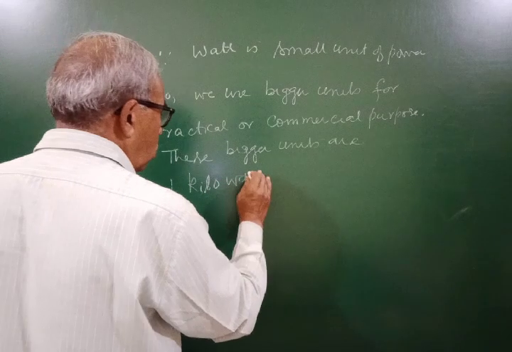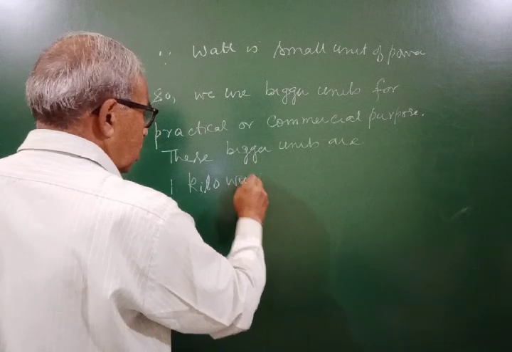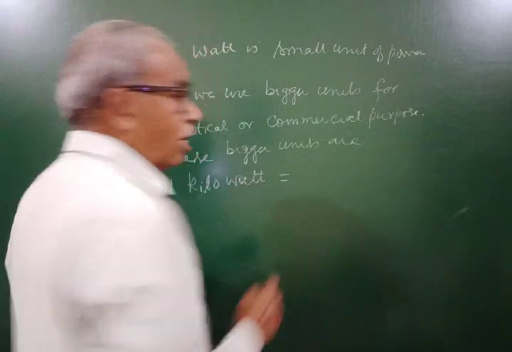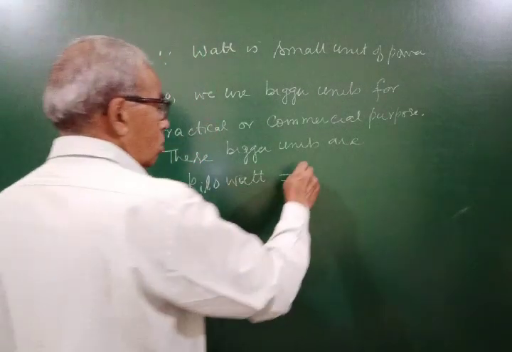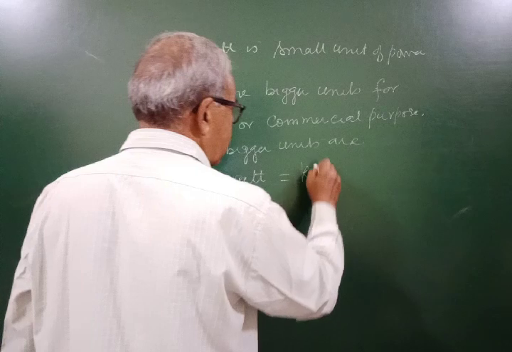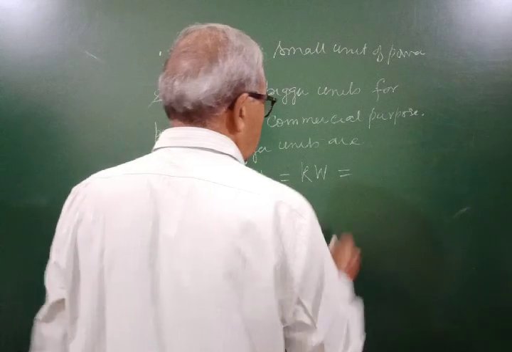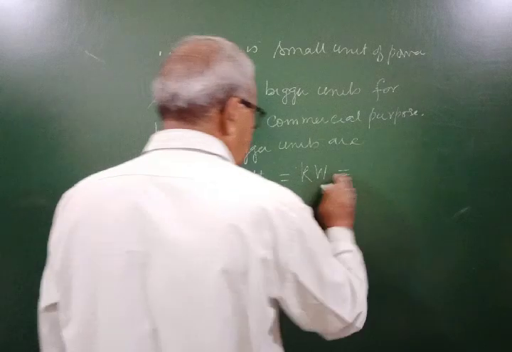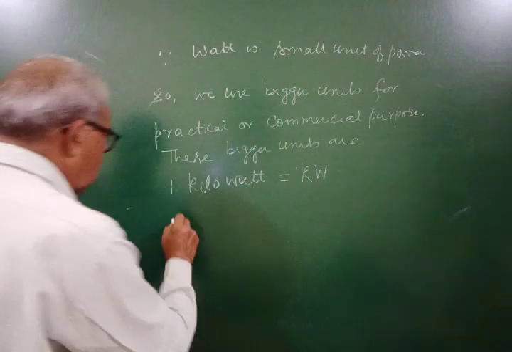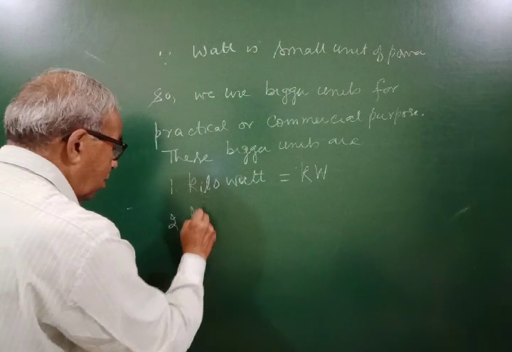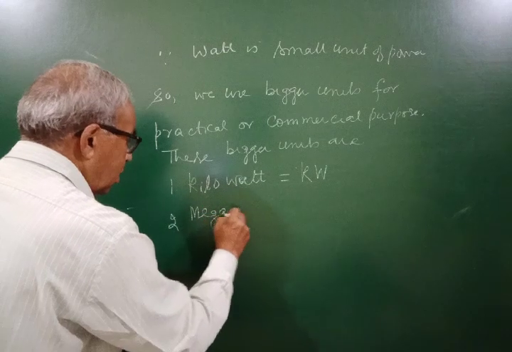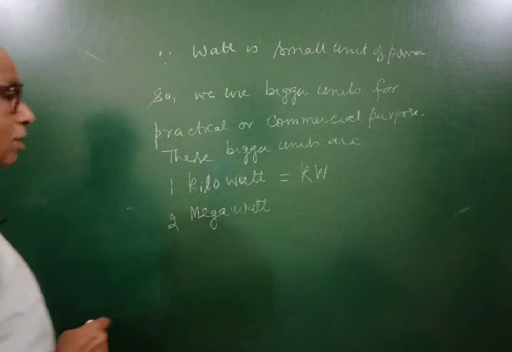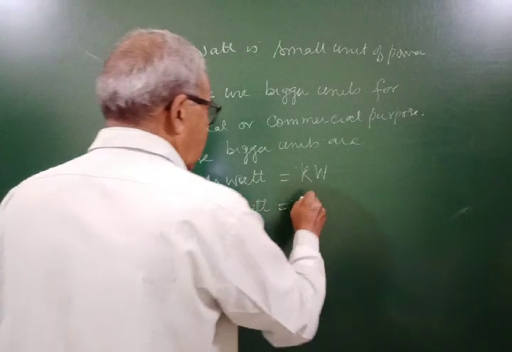This kilo is a multiplying factor, which means 10 to the power 3, written as kilowatt. I will tell later on. Kilowatt. Number 2, megawatt. Actually, mega and million are the same thing. How do we write it?